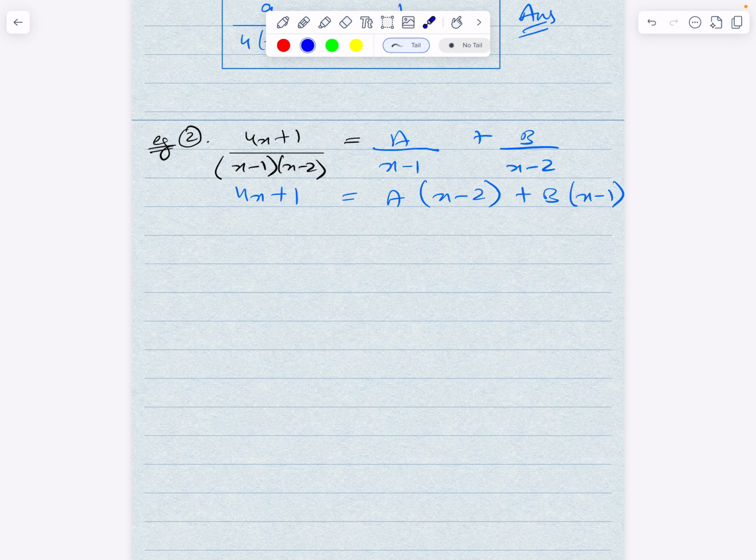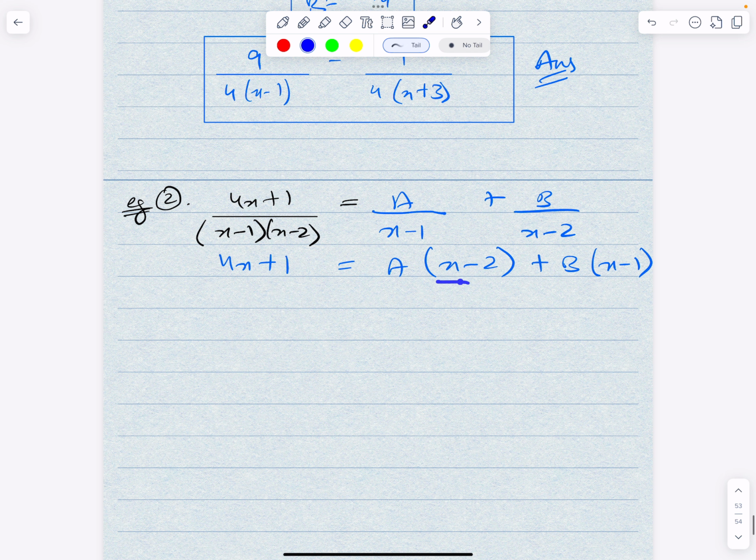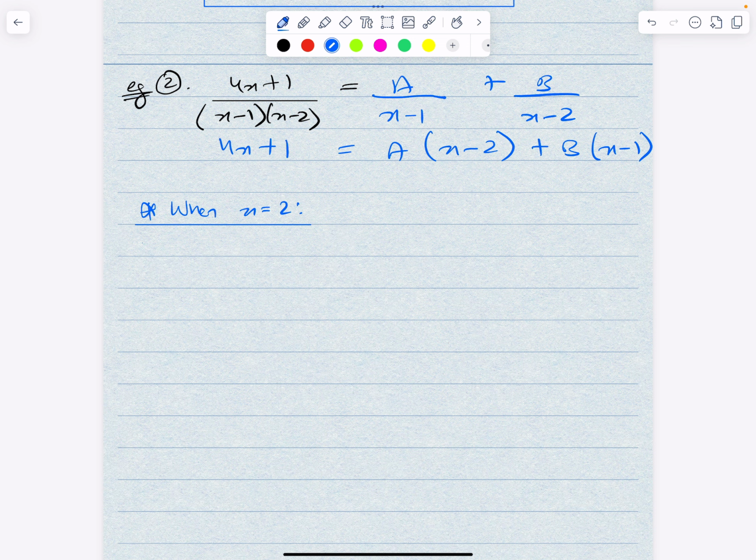So let's assume the value of x to be 2. So when x is equal to 2, 4 into 2 plus 1 is equal to A(2 - 2) + B(2 - 1), and B turns out to be 9. Make a column so the examiner can understand your work.